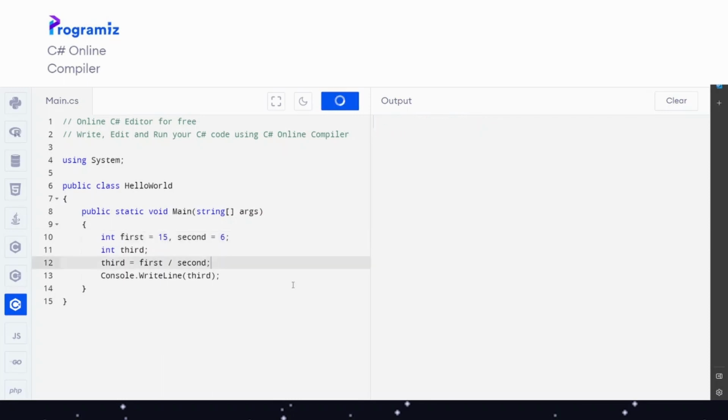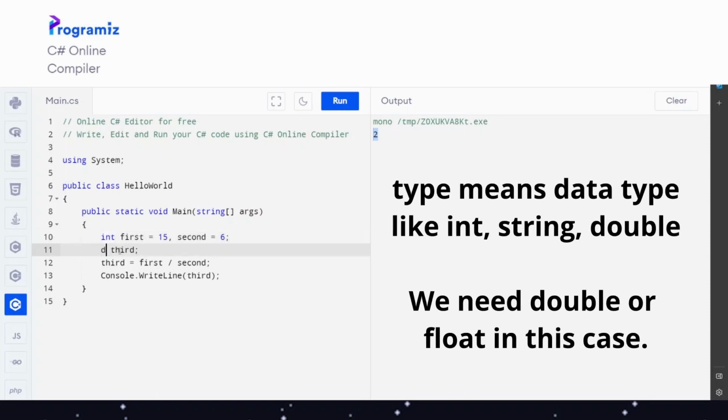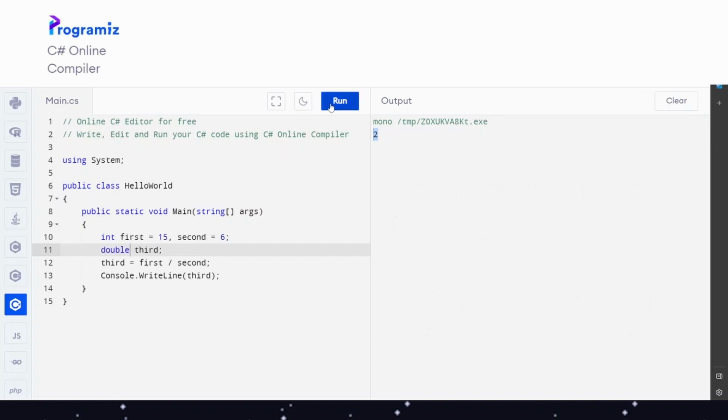Now 15 divided by 6 is 2.5, and 2.5 cannot be shown here because we have the integers, and integers are numbers which don't have any point operation, no floating point in this case. To get the floating point values, we technically need another type for this. In our case, let's use double. Now if we press 1, we still only get 2.